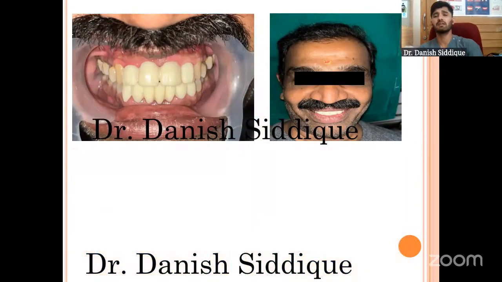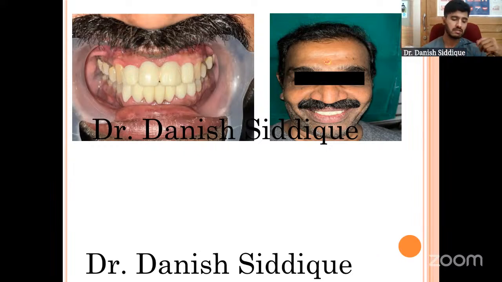The first thing you have to do is evaluate the case, take the facebow transfer, mount it, and then check how the patient's occlusion is and what you can do ahead with it. You'll have to do a mock-up of the patient to see if it needs some amount of RCTs or any extractions. Once this was done, the best method is to fabricate temporaries.